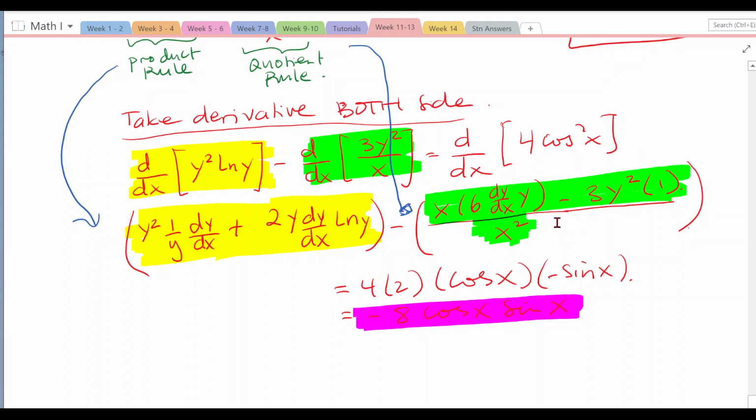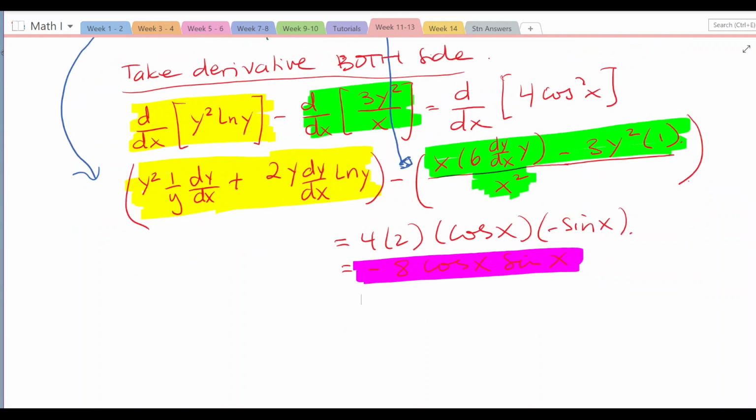So this term in green here, we can simplify further. We have x and x squared, and these simply combine together. So I can rewrite the left hand side, the yellow term here, where we combine all the dy/dx.